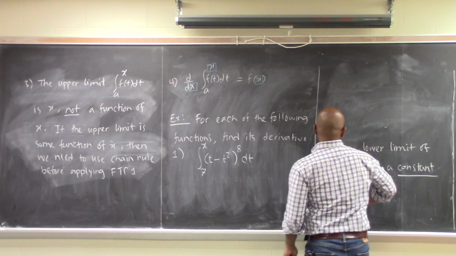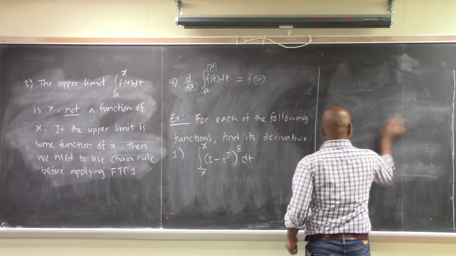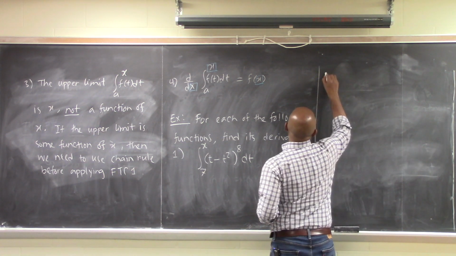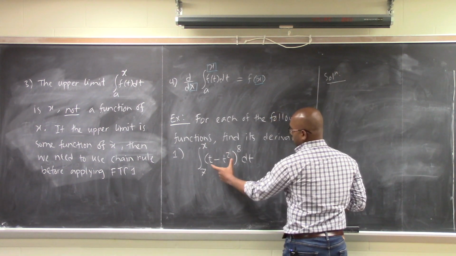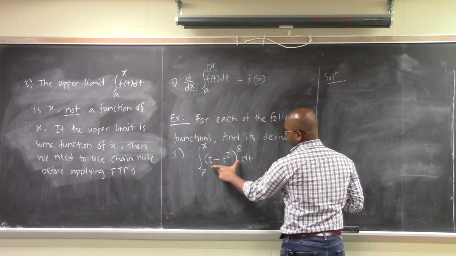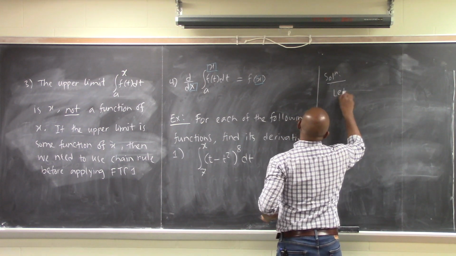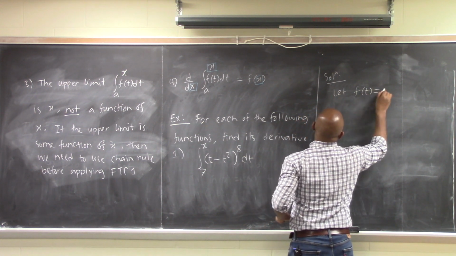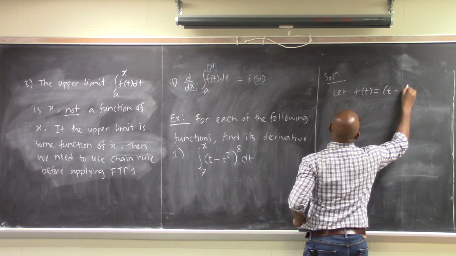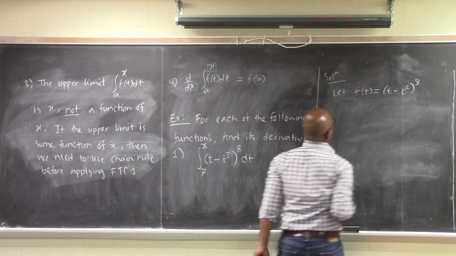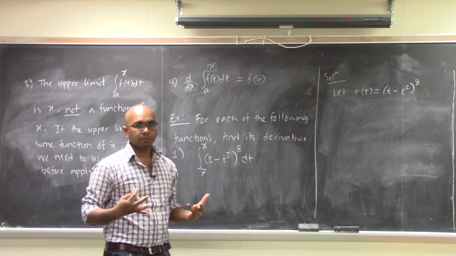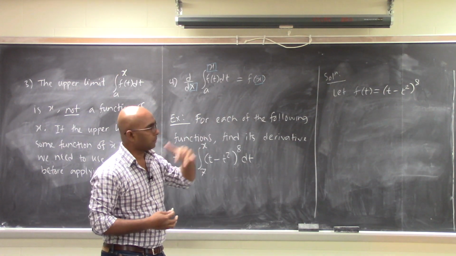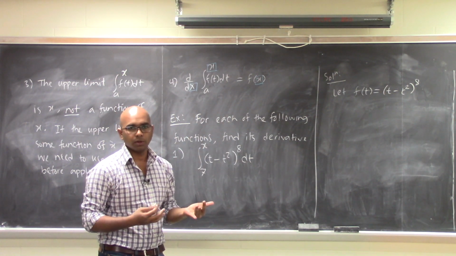Solution. Let's first use a symbol for this. Let f be this function, f of t equals t minus t squared raised to the power 8. Notice t minus t squared is a polynomial, and if you take integer powers of polynomials, it is still a polynomial.